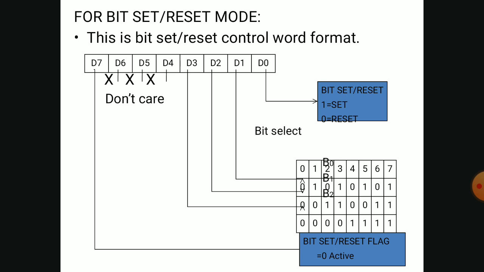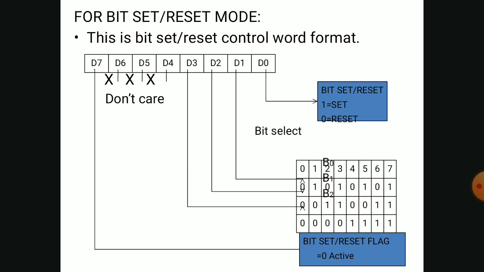So the D7 bit indicates whether your PPI is operating in the bit set or reset mode of operation, or in the IO mode of operation. If D7 bit is 0, it means that it is operating in bit set or reset. If D7 bit is 1, it means that it is operating in the IO mode of operation.